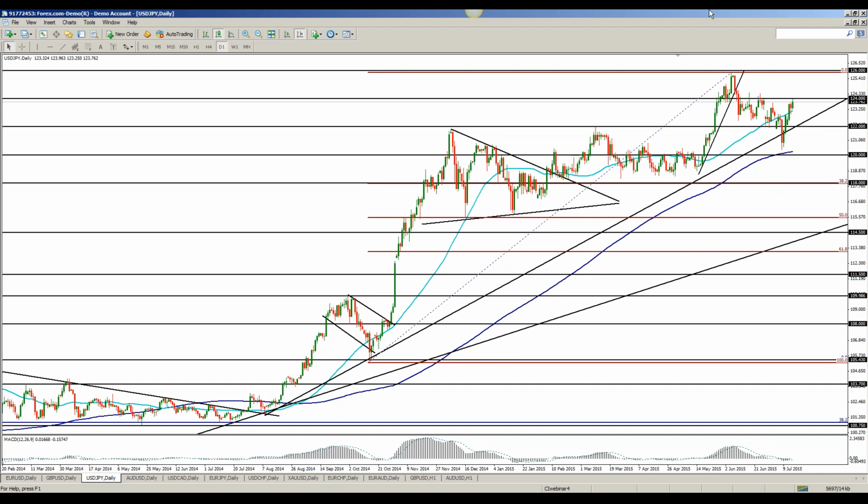People like to buy the yen when there's not much risk appetite, which happened, of course, with the China market almost collapsing. But as things are getting a little better and there's less risk aversion in the markets right now, I'm looking for another recovery of dollar yen back up towards its 126 target to the upside.